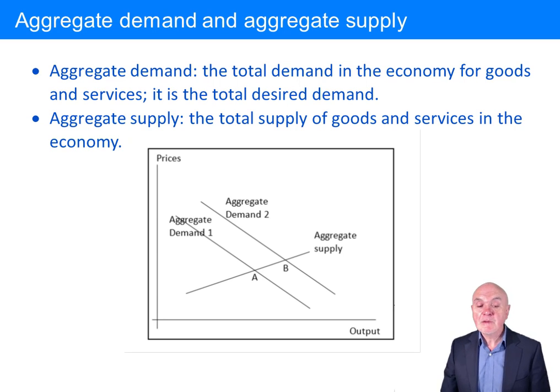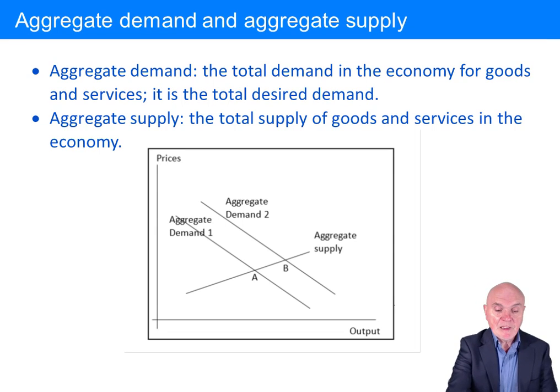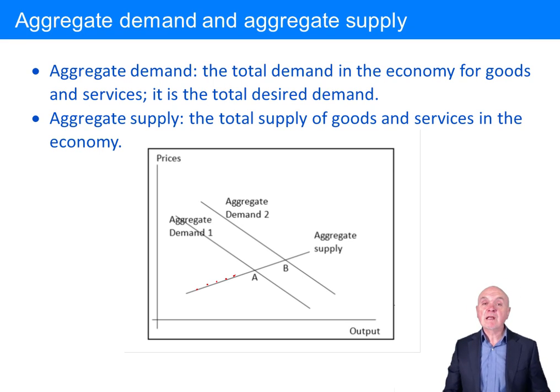Aggregate supply is the total supply of goods and services. And what's happening here is that as the prices of goods and services rise, then firms will be willing to produce more goods and services, or more firms will come into the market and begin to produce more goods and services because they see a profitable opportunity.